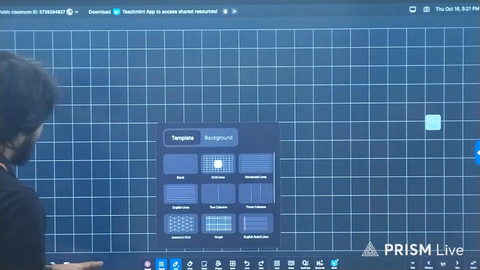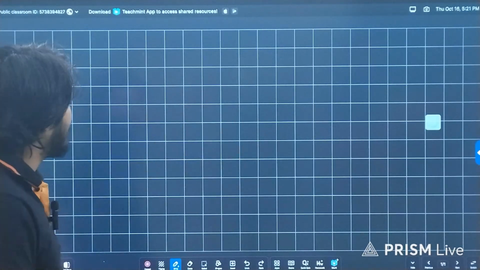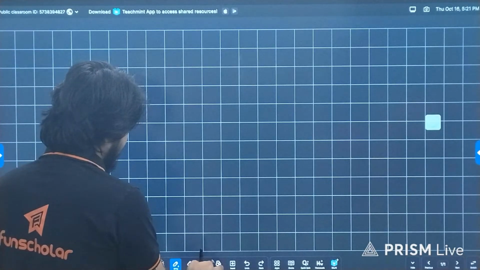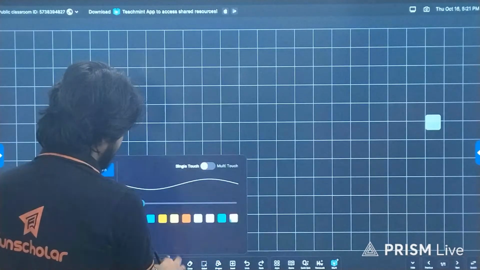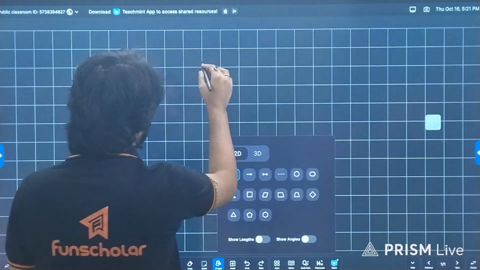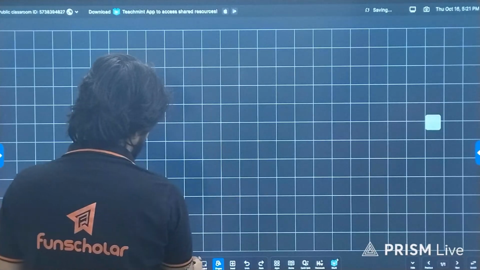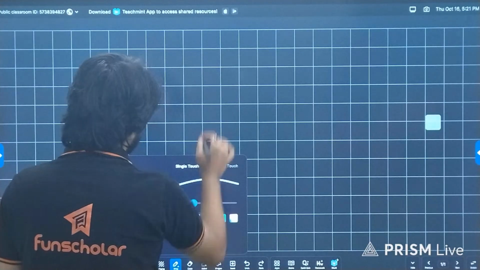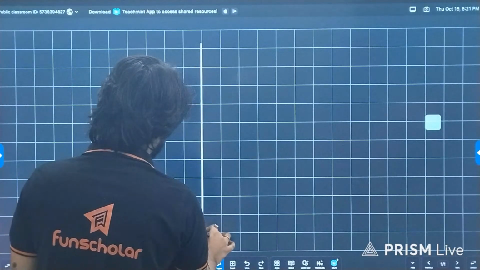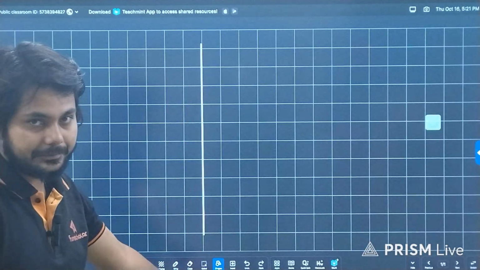To make things simple, this type of grid has been introduced in the panel. This is the vertical line.